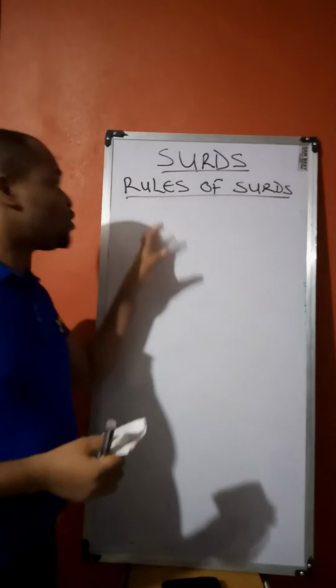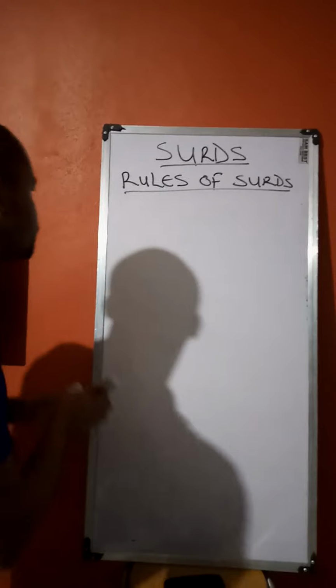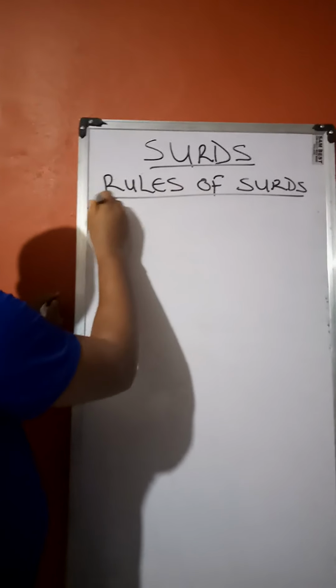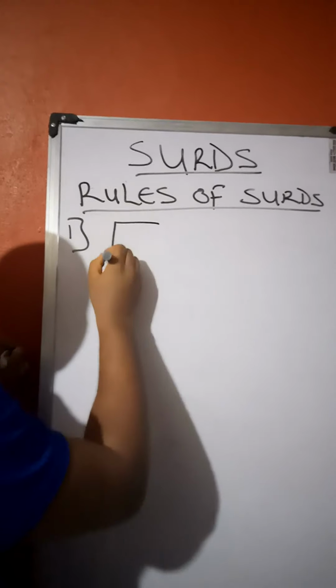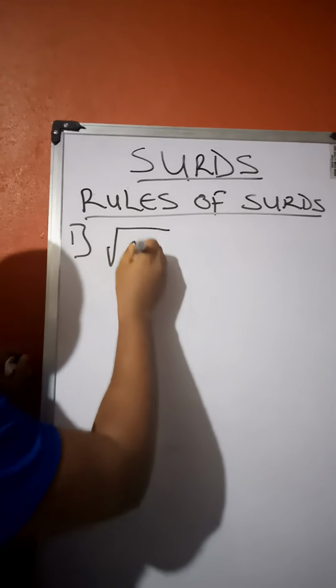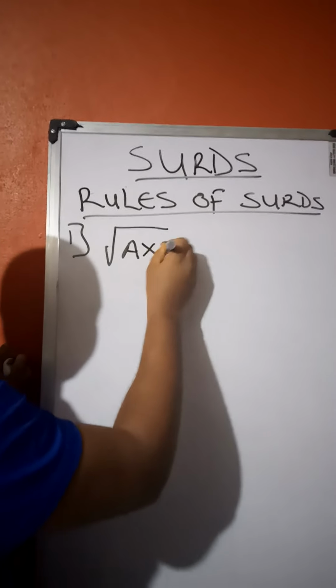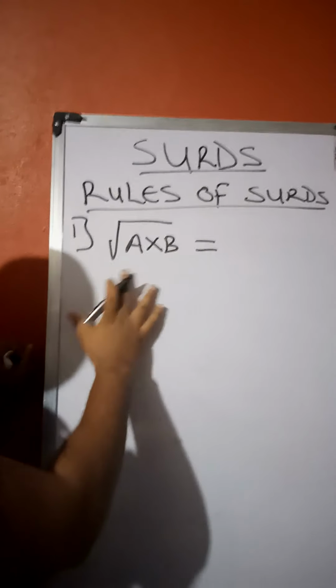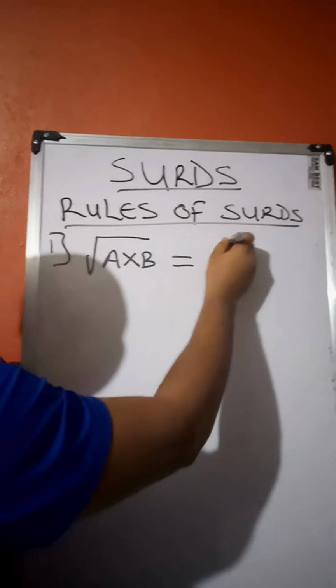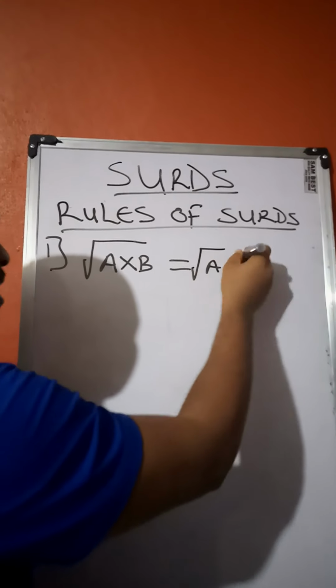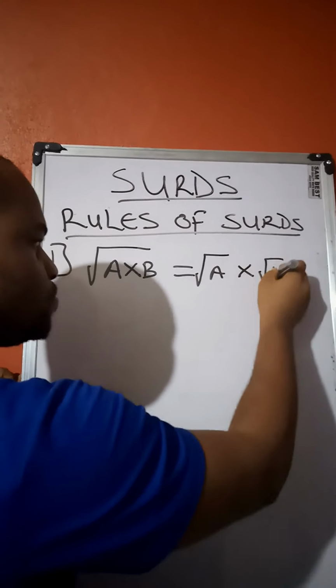Alright, now let's look at the rules of surd. The first rule, rule 1, is the multiplication rule. If I am given root a times b, because it is multiplication, I can separate this. I can write it as root a times root b.